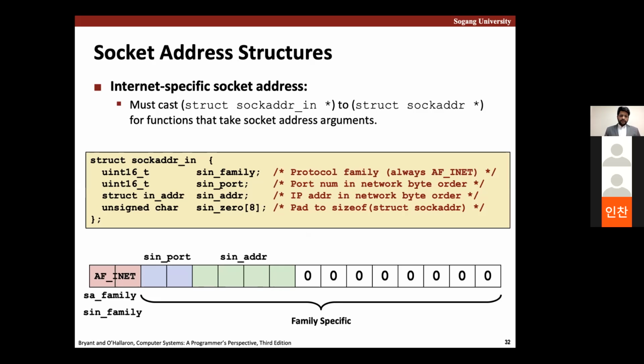We have sin_family, sin_port, sin_addr, and sin_zero, so that we can have some padding to the size of the socket address. If your socket address is smaller, you can pad zeros at the end.